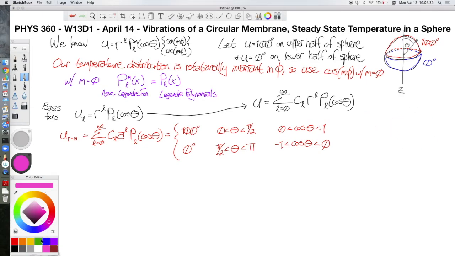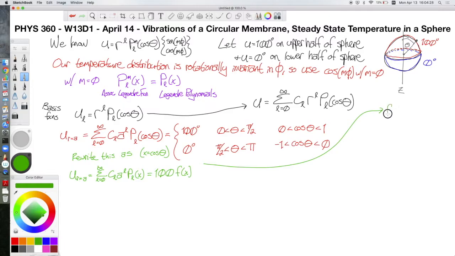So let's rewrite this equation a little bit in a way that will actually help us see what's going on. So I've just replaced here using x equals cosine theta. I've just written this in terms of x instead of cosine theta, where the cosine theta in the Legendre polynomial has become an x, and that is the only change. And we want this evaluated at r equals a to be equal to 100 times the function f of x, where f of x is defined as follows up here.